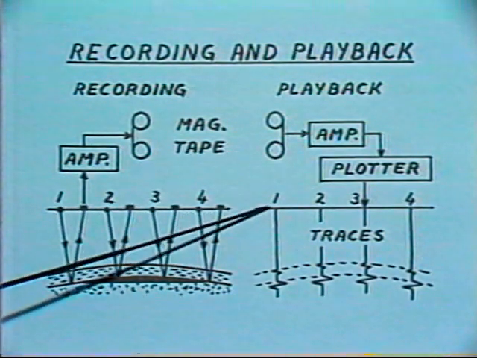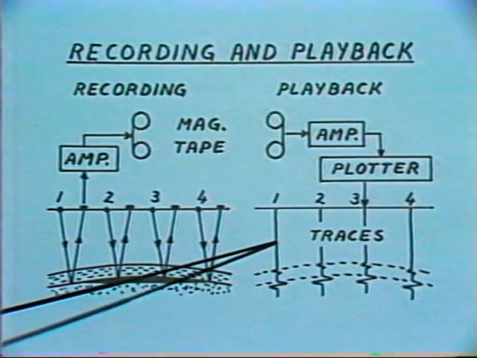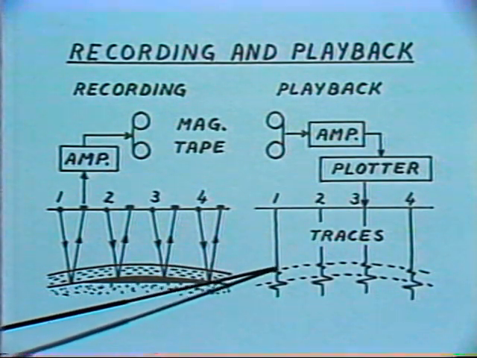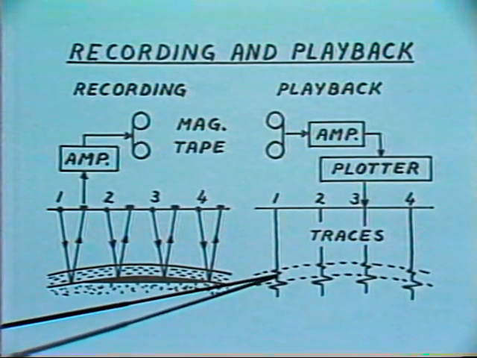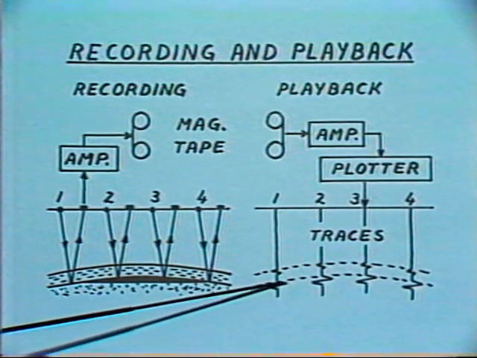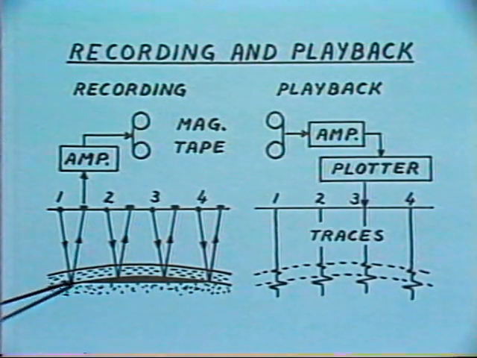Now, when a reflection arrives back at the receiver, that would produce a sharp kick or wiggle of the trace on the strip chart, and maybe another one here from the second reflector.